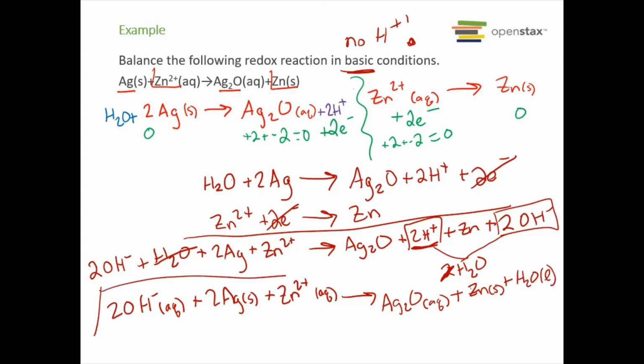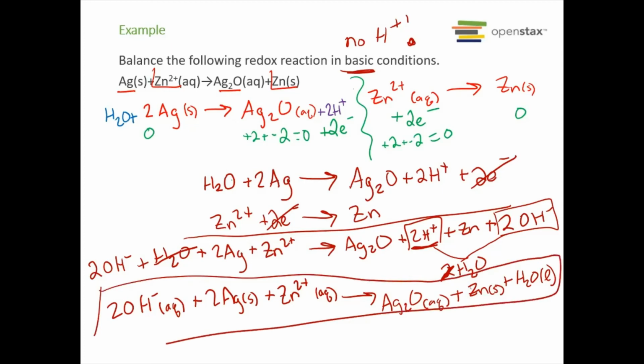And that is our balanced equation in basic conditions.